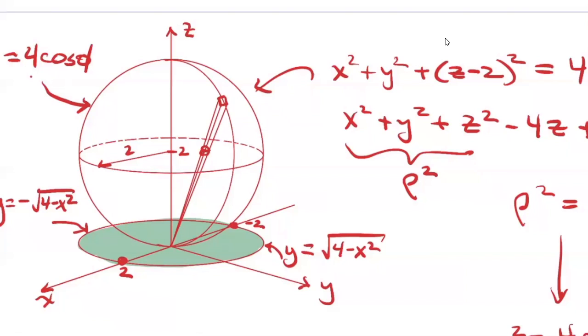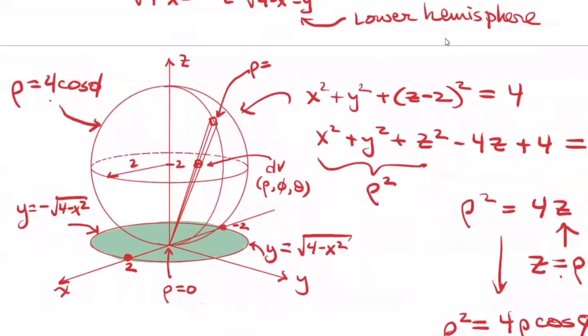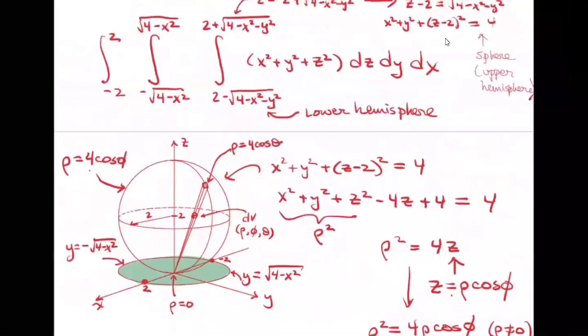So this is my dV here. The coordinates in spherical coordinates are rho, phi, theta. At the tip of this rod, rho is 0. On the outer edge of the rod, I'm on the sphere, so rho is the equation of the sphere, 4 cos phi. Keep all that in mind as we rewrite this integral.